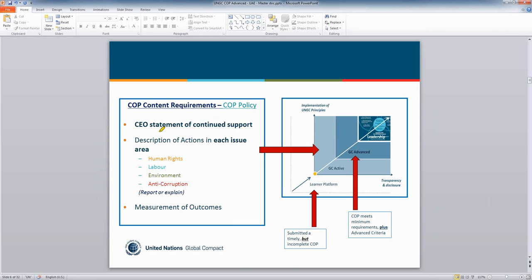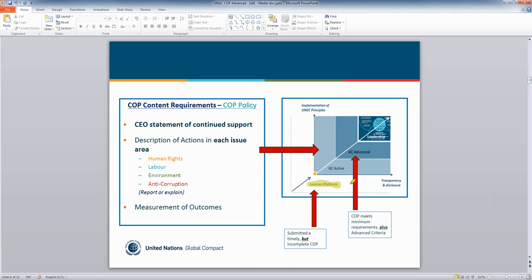If a company fails to fulfill one or more of these minimum requirements, they will be placed in the learner category. It's considered a COP that met the minimum standard of being submitted on time. It was submitted online, which means it was publicly disclosed, but it did not meet all of the minimum requirements.